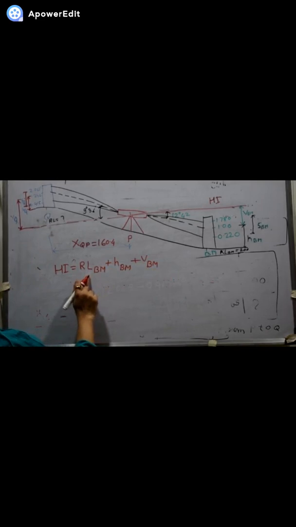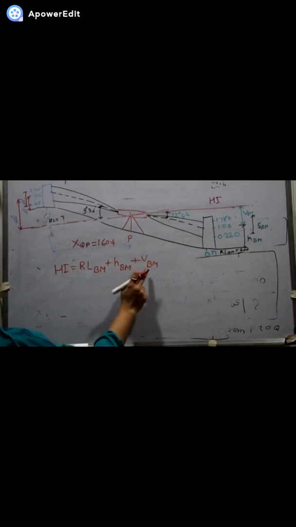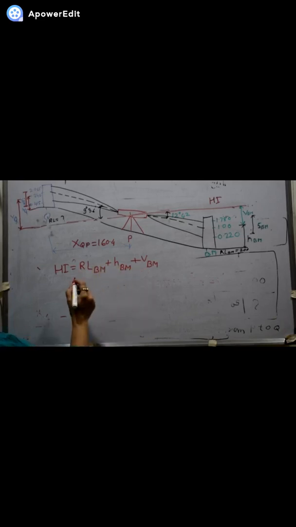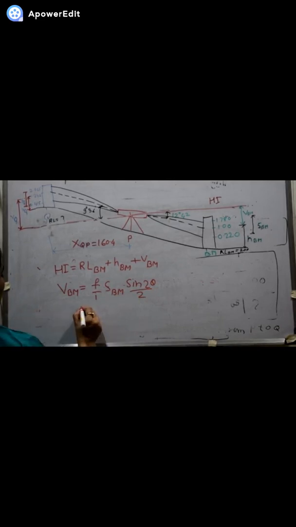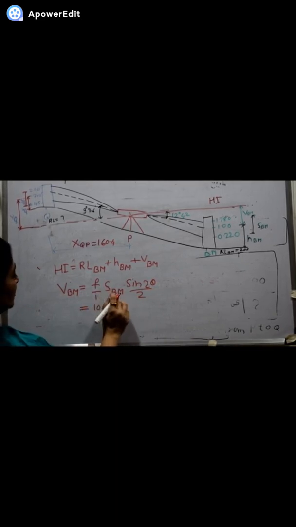We know the RL value, we know the H of BM value, we need to calculate the V of BM value. Now in this case, the formula of vertical distance at the station BM is given by F by I S of BM sine 2 theta by 2. F plus C will not come into the picture because it is an analytic lens, so additive constant becomes 0. So F by I is 100. What will be S of BM?